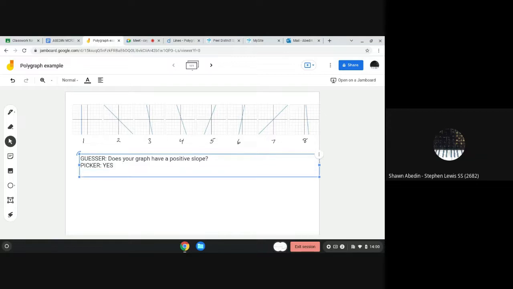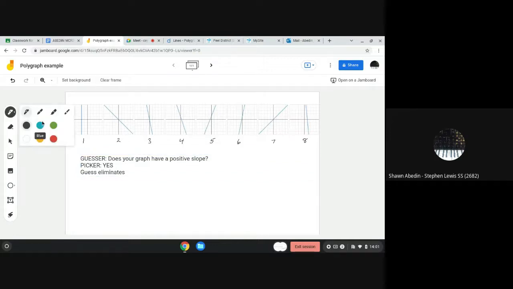So at this point in time, the guesser eliminates. So since the target graph has a positive slope, we need to eliminate any graph here that does not have a positive slope. Let's take a look.